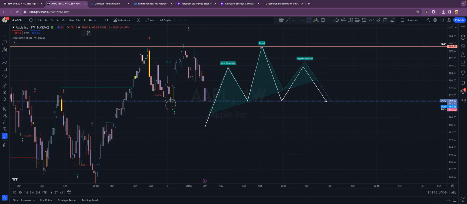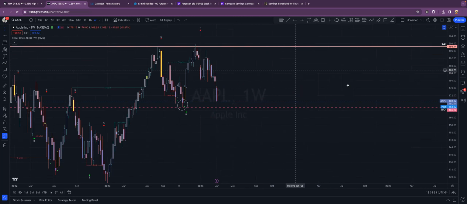The head and shoulders pattern goes from the head to the neckline, and then you move that down from the breakout. That'll be your measured move for head and shoulders. Same thing for a double top M pattern, they have the same measured move.